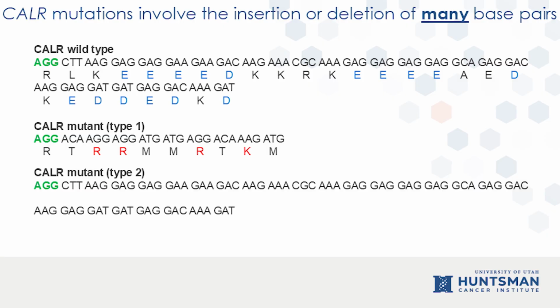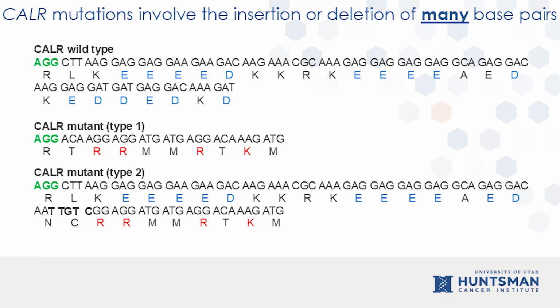And then the type 2 CALR mutation is not a big deletion, but instead an insertion of base pairs. What happens in the type 2 mutation is you get this addition of 5 base pairs that once again change the amino acids. So you get, again, a lot of R's and K's at the end, which are positively charged.